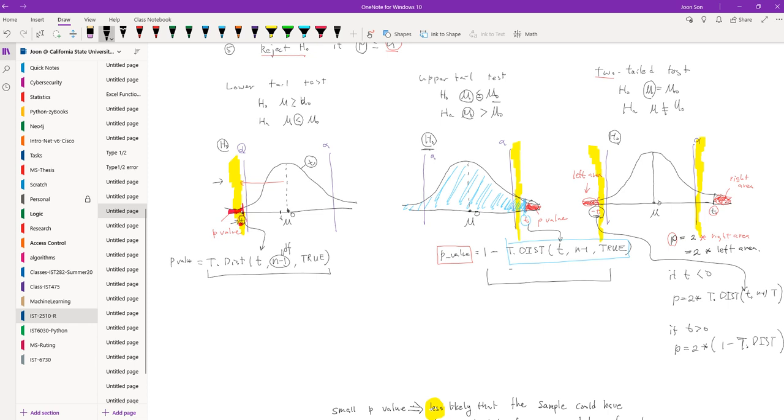So when the t is negative, you can use p equal to 2 multiplied by this, and when t is positive, then we can use 2 multiplied by 1 minus T.DIST(t, n minus 1, TRUE). Okay, so basically that's how you can get the p-value. That's really everything about the hypothesis test about a population mean. Okay, so thank you.